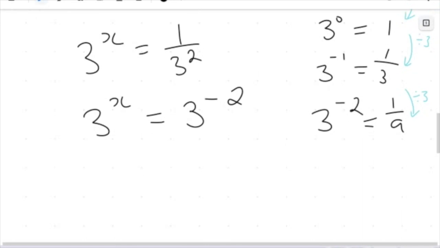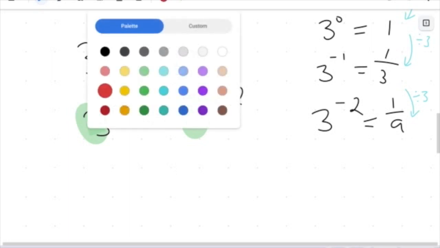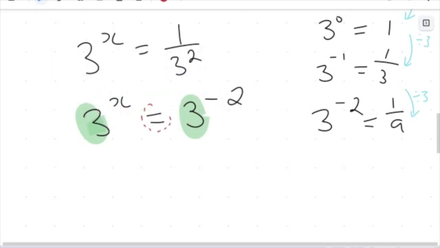So now that we have the same bases, I have a base of 3, I have a base of 3. Since these are equal, the only way that the left-hand side is going to be equal to the right-hand side is if the exponents, the powers, are equal as well.